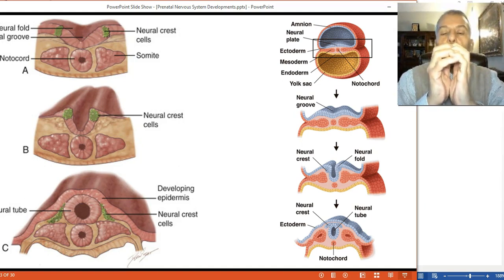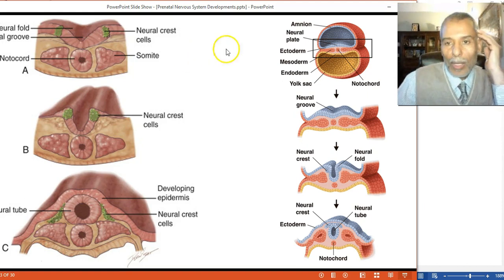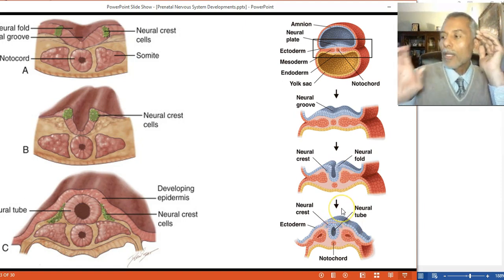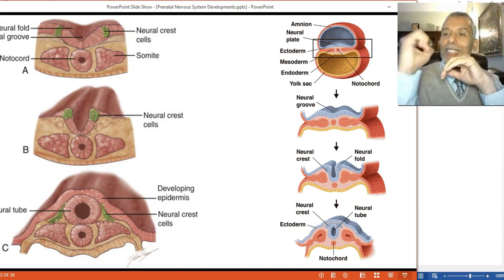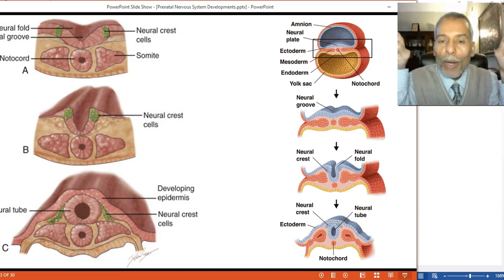Once they fuse in the middle, as you can see, now they're beginning to fuse, and here they fuse totally. That groove, now as it has fused, becomes a cylinder. It becomes a tube.